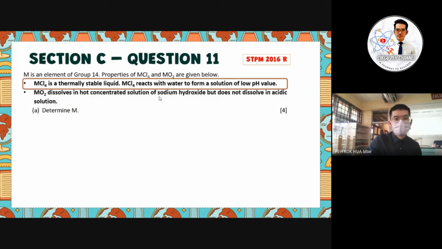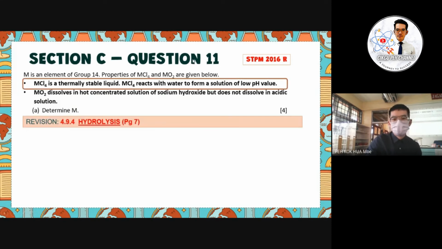So firstly, discuss this. When we react with water, that means we discuss hydrolysis. As we know, in the group 14 tetrachlorides, carbon is not able to undergo hydrolysis because it does not have the d orbital, right?